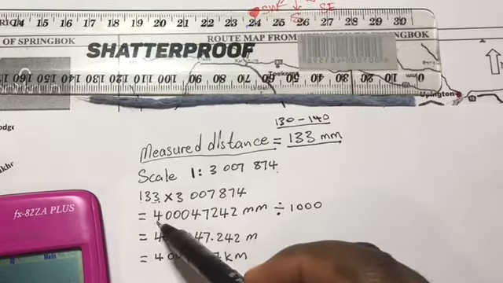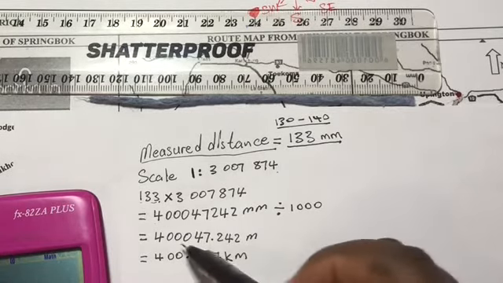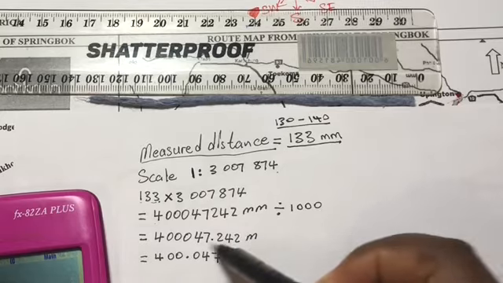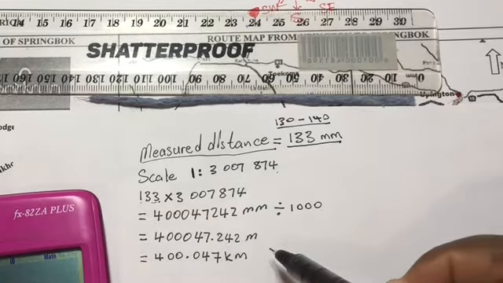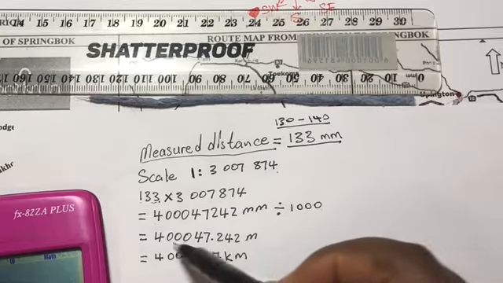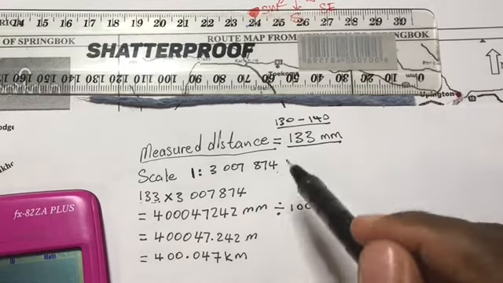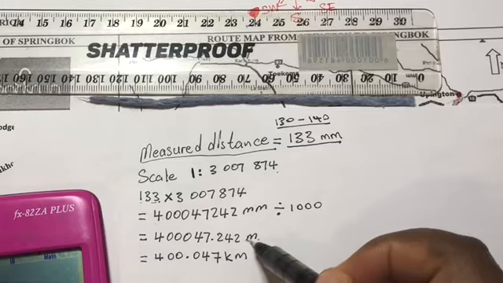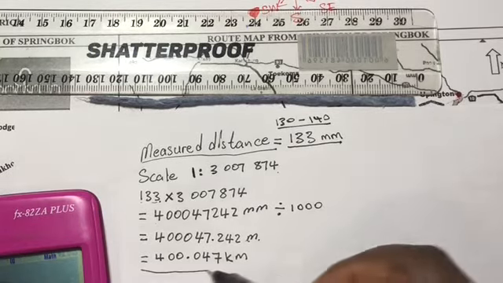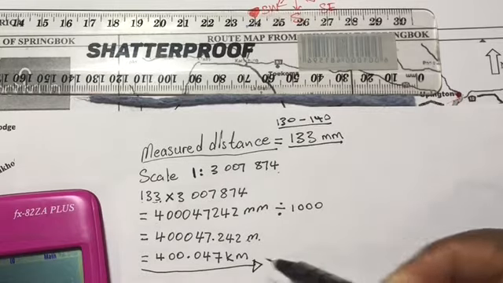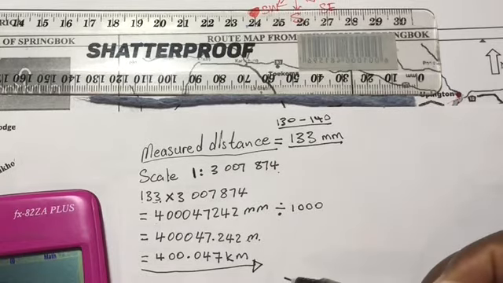So after dividing the whole of this number by 1,000, this is the value that I get. This value is in meters. Again, I divide it by 1,000 to convert it from meters to kilometers. So this is the final answer that I get in kilometers.